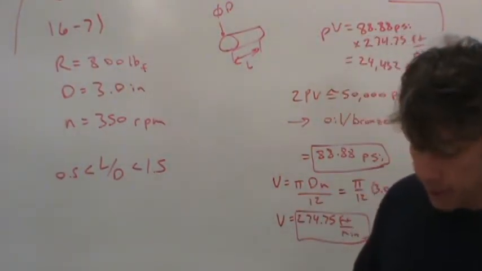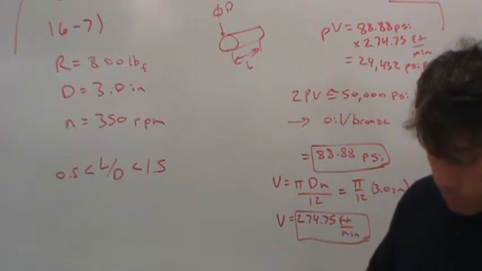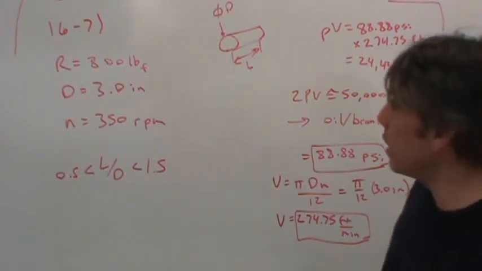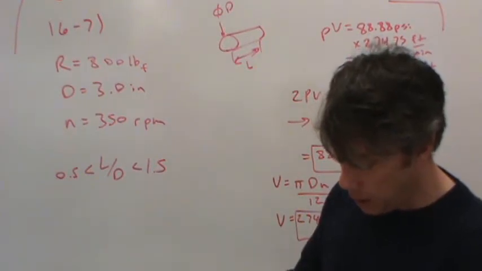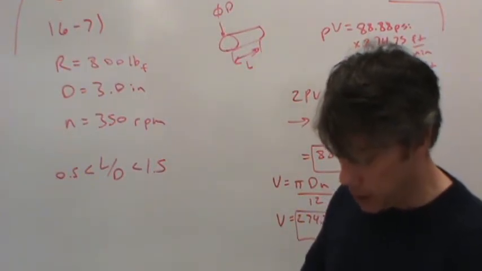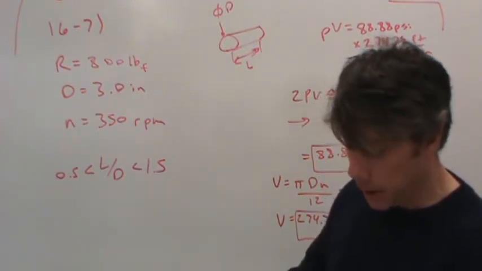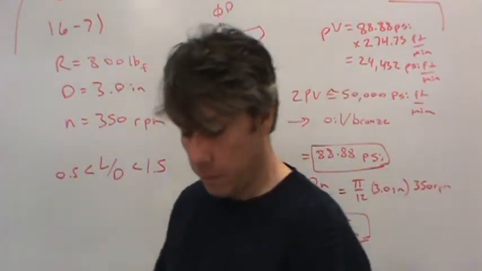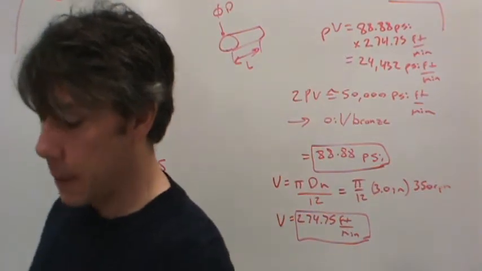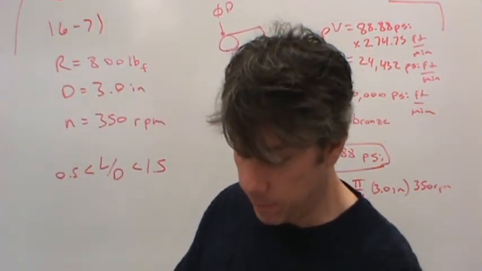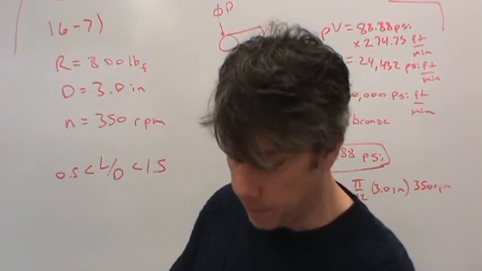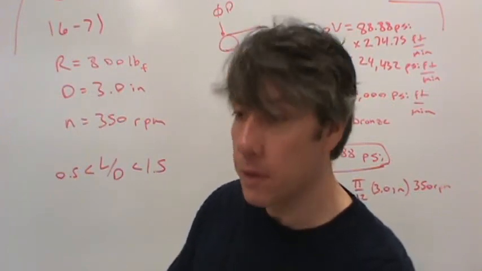So if the journal diameter is 3 inches and the speed is 350 RPM, then what do you guys think the clearance should be? Page 561, figure 16.4. 0.0025 is reasonable.